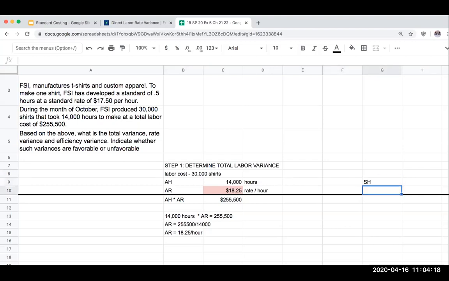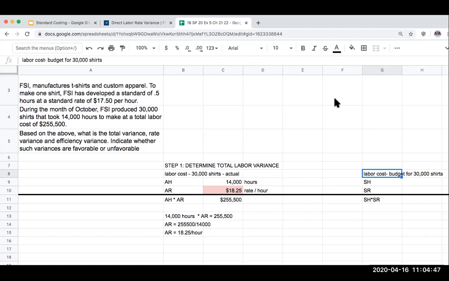If I take my standard hours times my standard rate, this will give me my total budgeted amount. So this is my labor cost budget for 30,000 shirts. Okay, so I made 30,000 shirts, but how many hours should this have taken me?